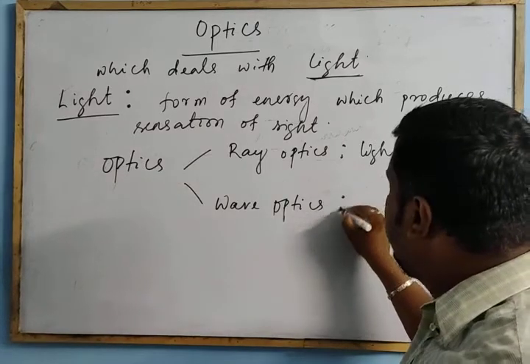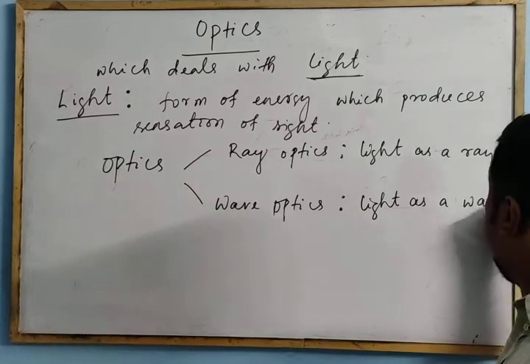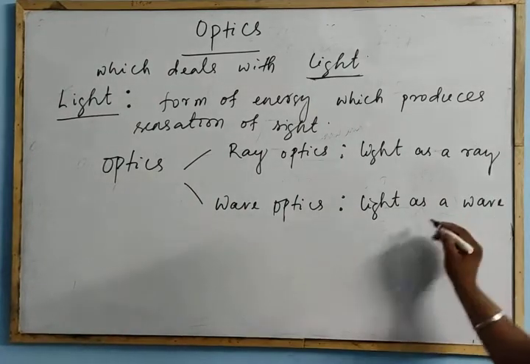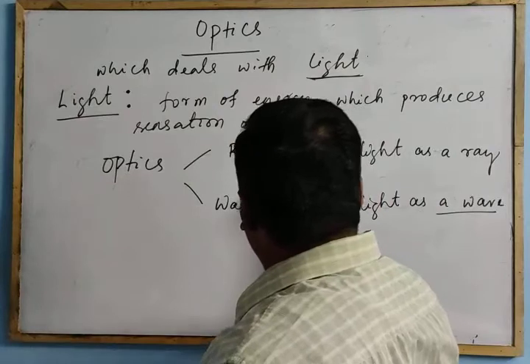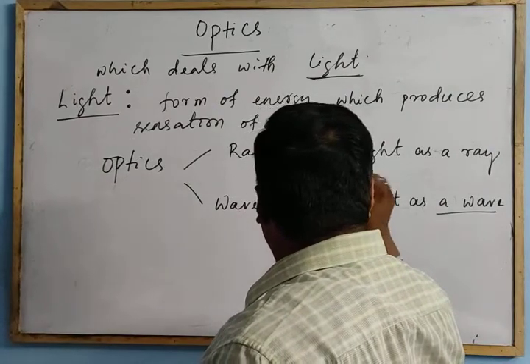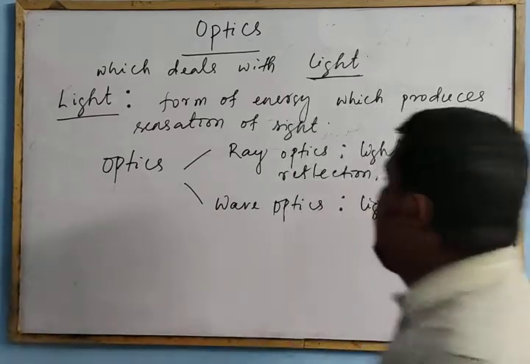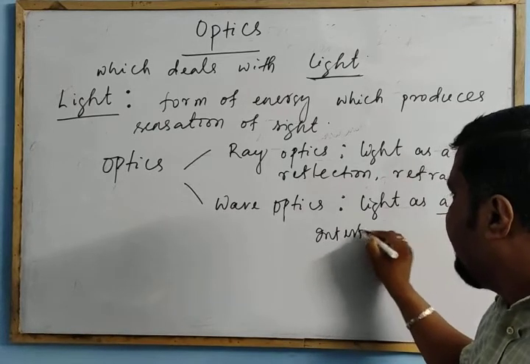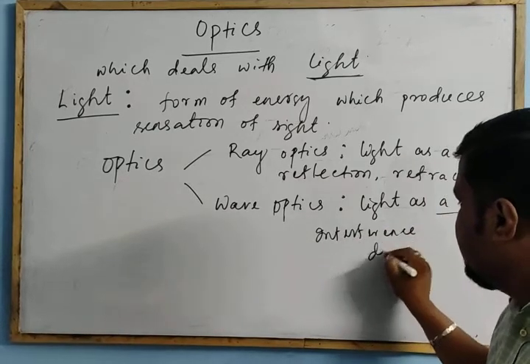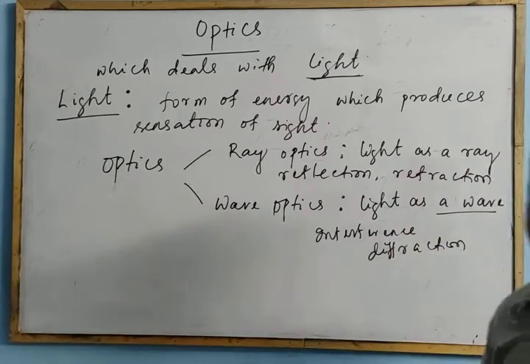In wave optics we consider light as a wave, and by considering this we will discuss different phenomena. In ray optics we will discuss phenomena like reflection and refraction. In wave optics we will consider interference and diffraction.